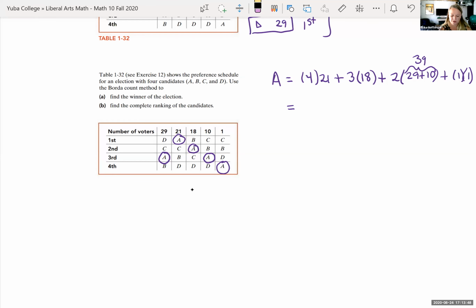So let's multiply, and then we'll go back and sum. 4 times 21 is 84, plus 3 times 18, which is 54, plus 2 times the sum of 29 plus 10, so 2 times 39, which is 78.